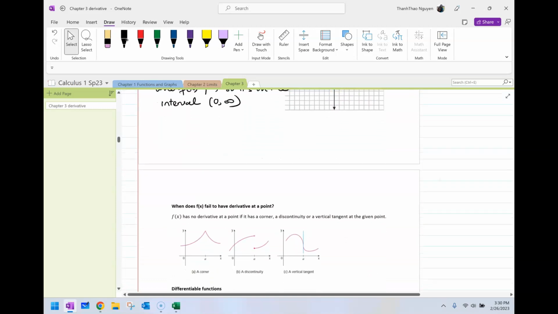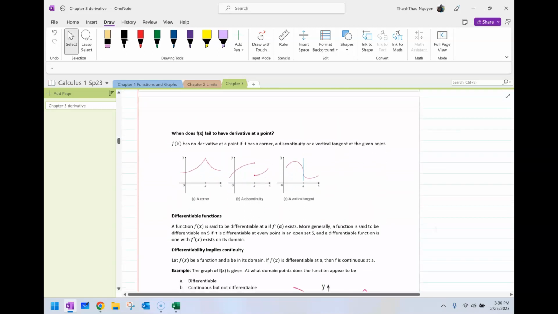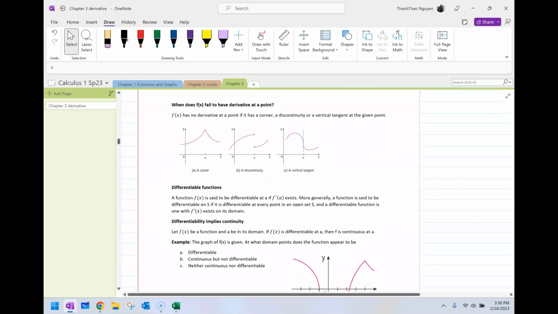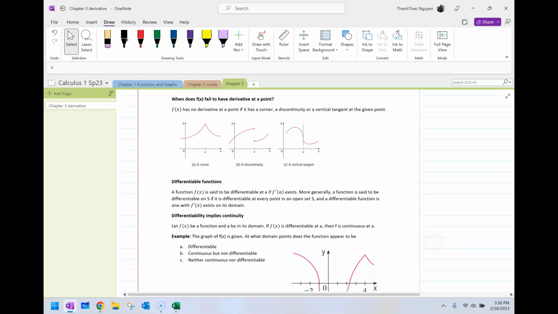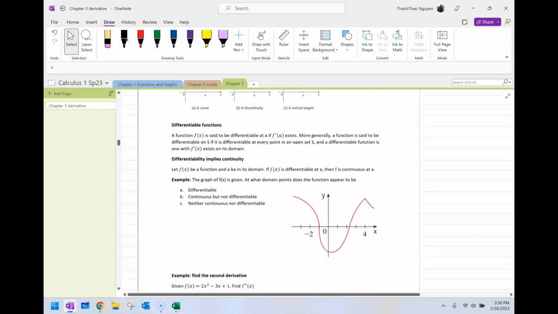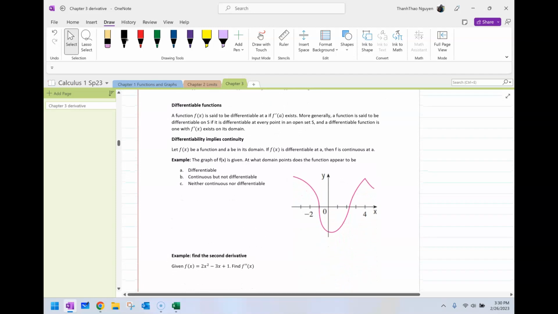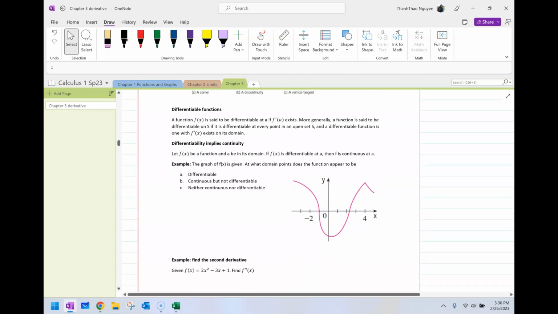F of x fails to have a derivative at a point if it has a corner, a discontinuity, or a vertical tangent at that point. Okay. Differentiable function: a function f of x is said to be differentiable at a if f prime of a exists.